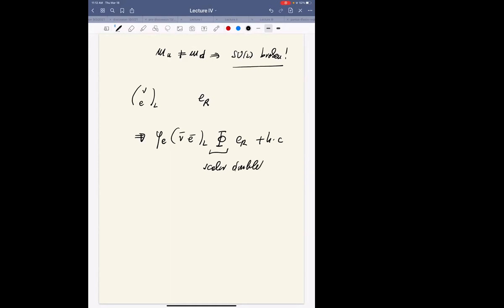When I say scalar, I mean under Lorentz. When I say doublet, I mean under SU2, of course. And then I said, if it will happen, we call it like this, a vacuum expectation value, that this is non-zero. I wrote it like this in the vacuum.